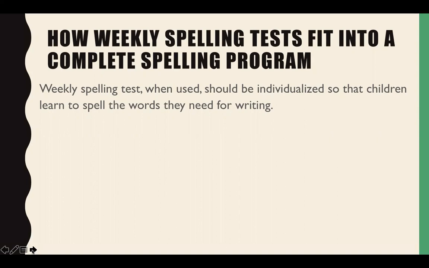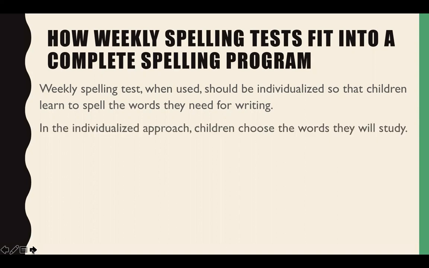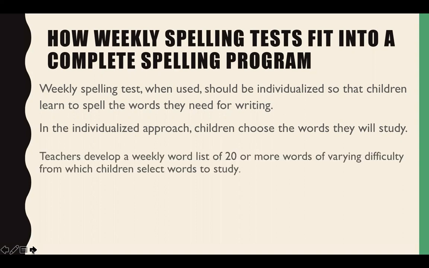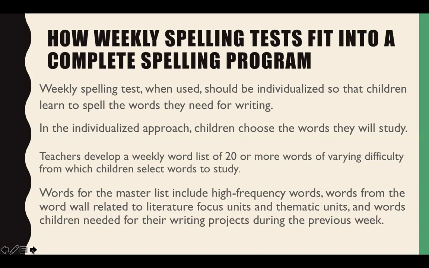But when weekly spelling tests are used in an individualized way, so that children learn to spell the words they need for writing, it's explicit instruction. In the individualized approach, children choose the words they will study for their spelling test. The teacher develops a weekly word list of 20 or more words of varying difficulty. Remember, your children are going to be at different levels, and children can select the words to study.